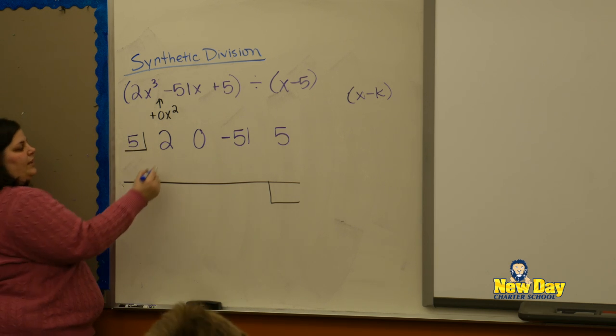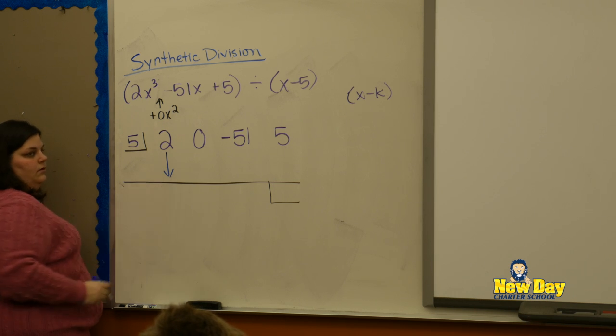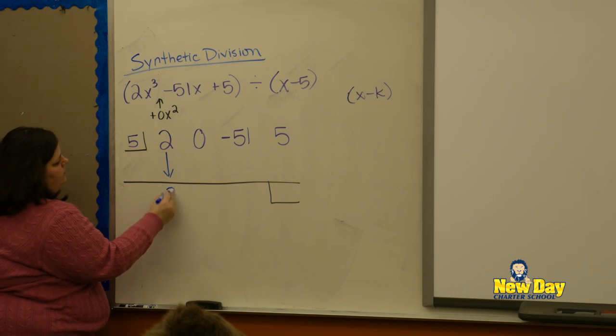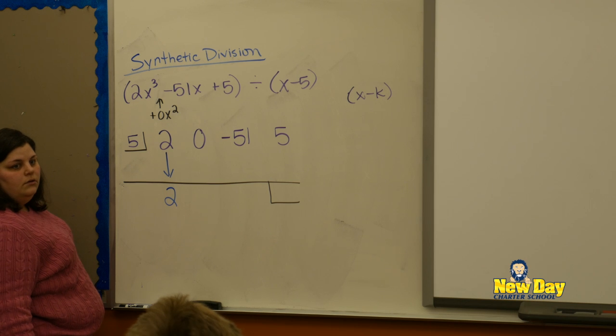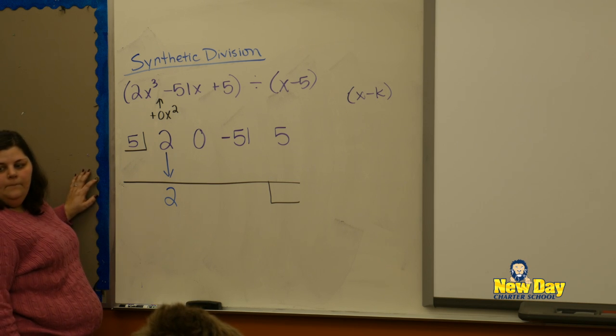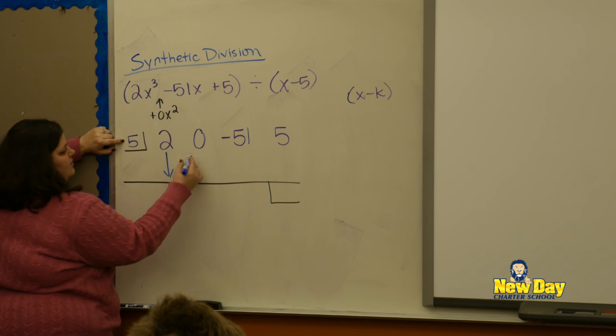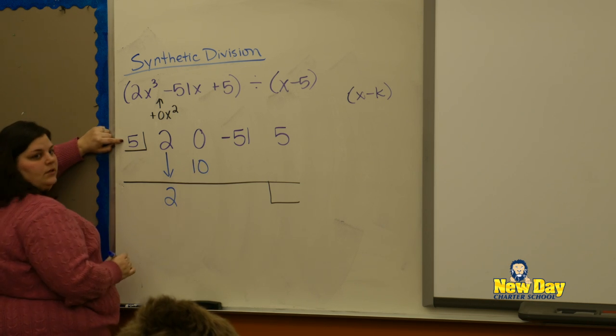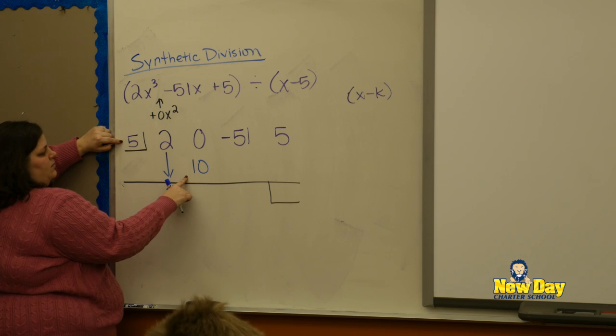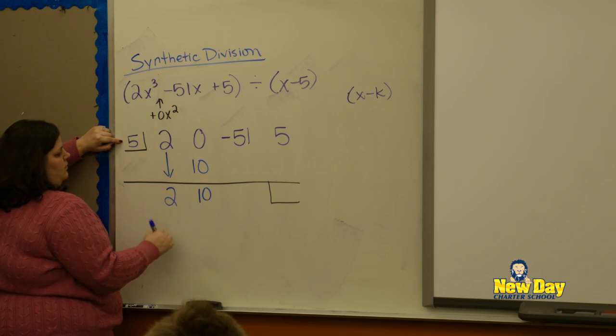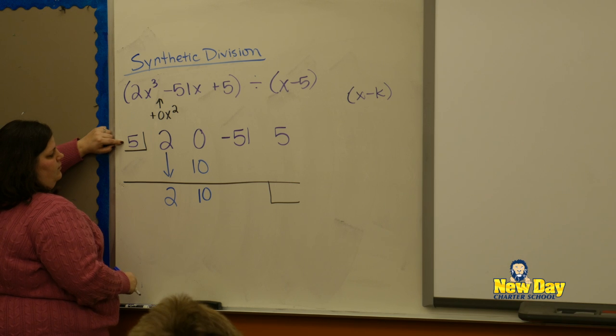So we start off with bringing down the first number. So we bring down the 2. Then what do we do? 5 times 2. Right, you take whatever's up in the box. So 5 times 2 is 10. 0 plus 10 is 10. 10 times 5 is 50.